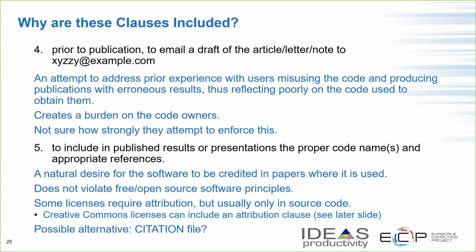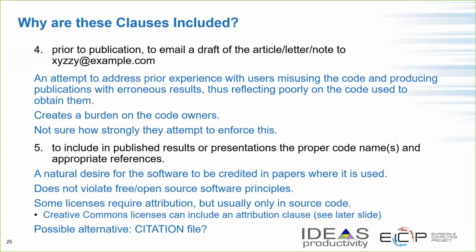There are licenses out there that require attribution, but usually only in the source code, not in publications that are based on using the source code. So I'll talk in a few minutes about Creative Commons, which can include an attributions clause that's more direct, but by and large, the concept of attribution in open source licenses is not the academic concept of attribution or citation.